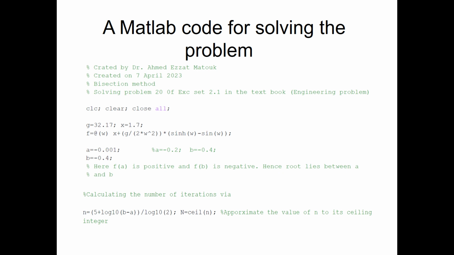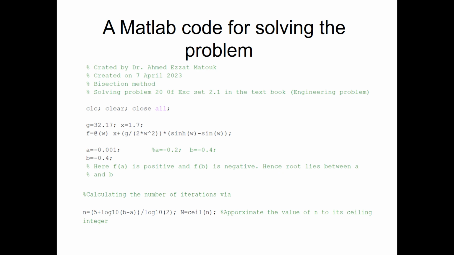Here n is coded like this, using this command, as we have previously explained. n must be bigger than 5 plus log (b minus a) for the base 10 over log 2 for the base 10.